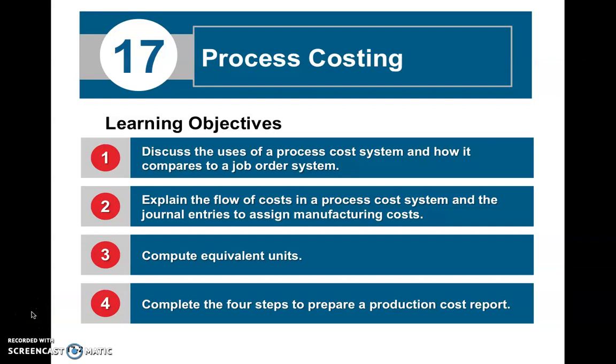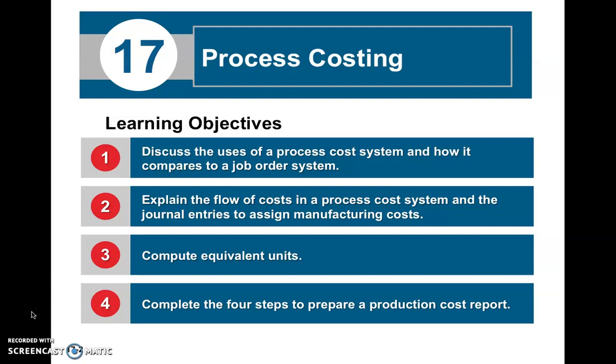In this chapter, Process Costing, we're going to discuss the differences between process costing and job order costing, and also go over the journal entries for accumulation of the costs, assignment of the cost to work in process, and completion of the cost.